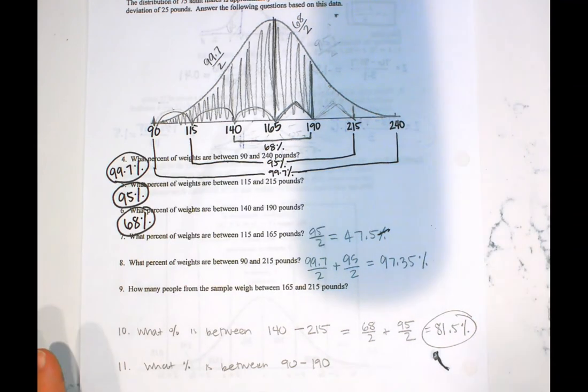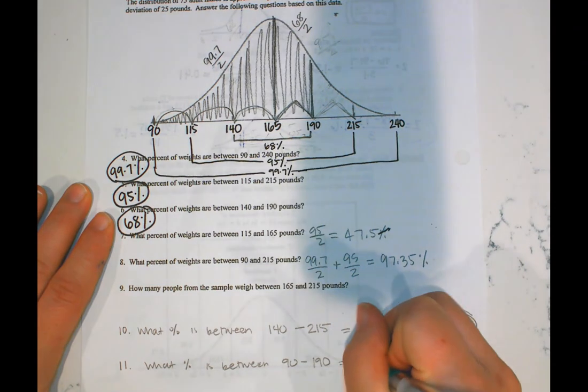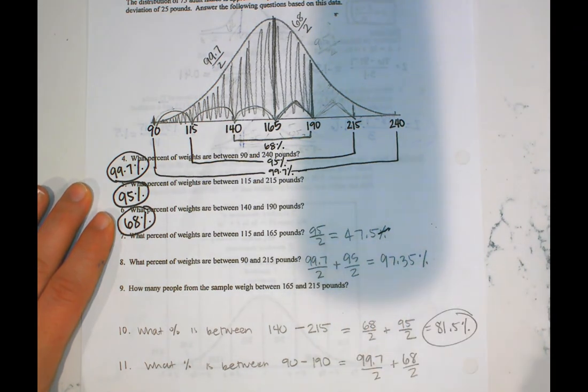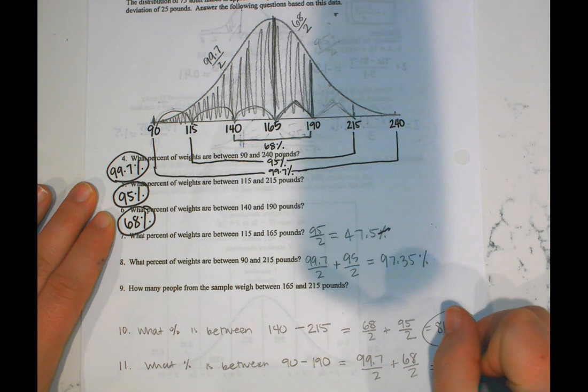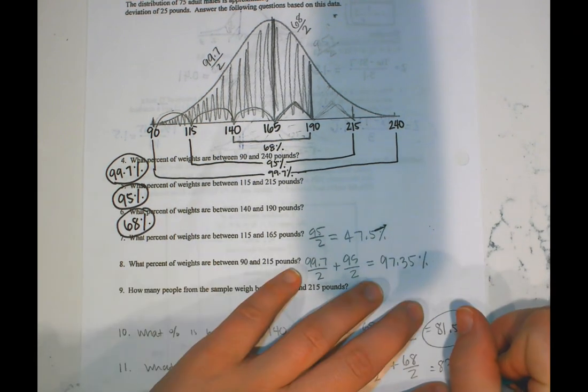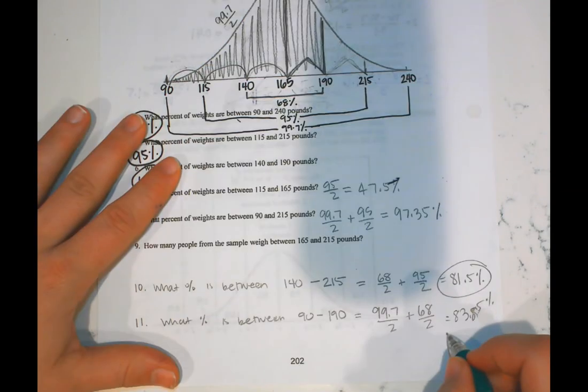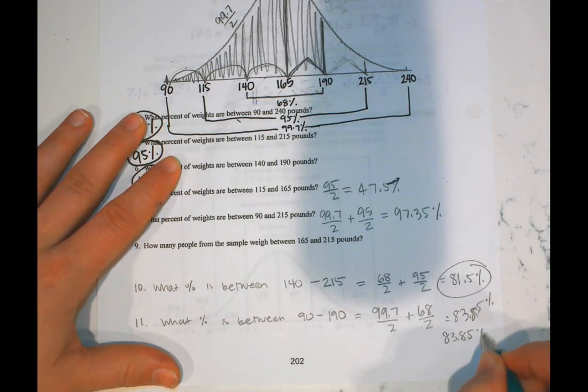So I take those two values, 99.7 divided by 2 plus 68 divided by 2, and that will give me that shaded region. And I get 83.85%. Sorry, that looks really ugly. 83.85%.